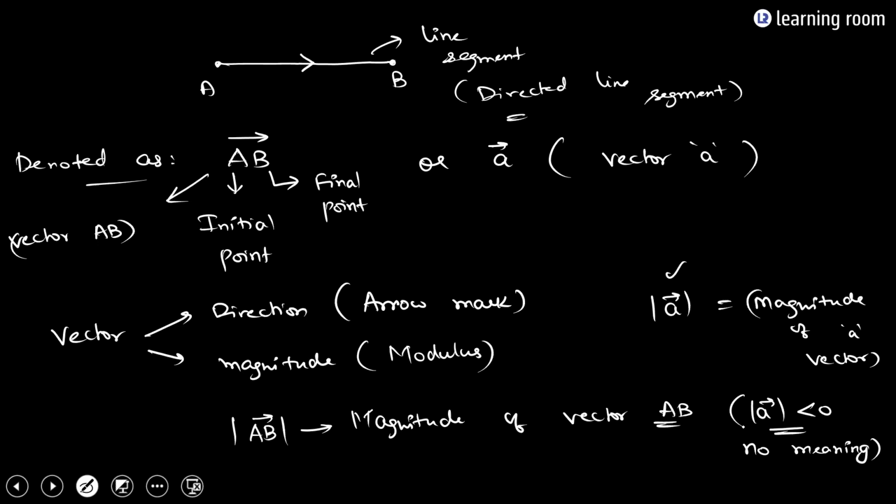So, based on certain parameters, we are going to classify the vectors as different types. So, we'll see the types of vectors. First is zero vector.